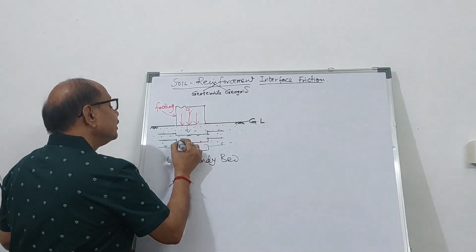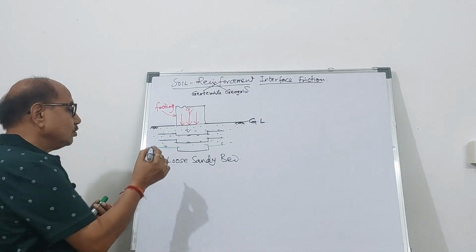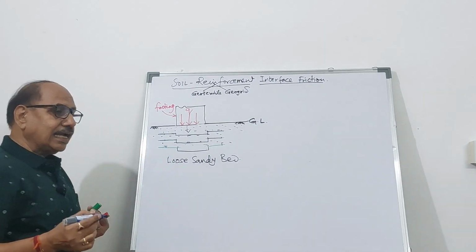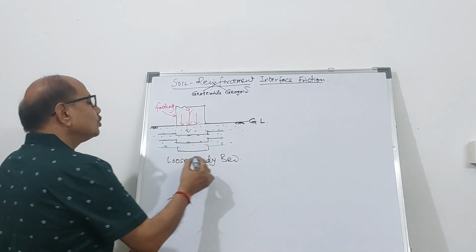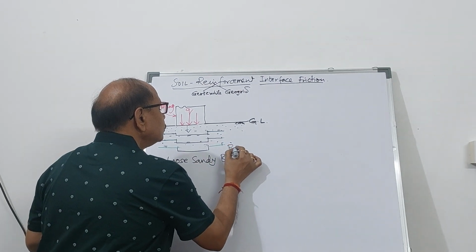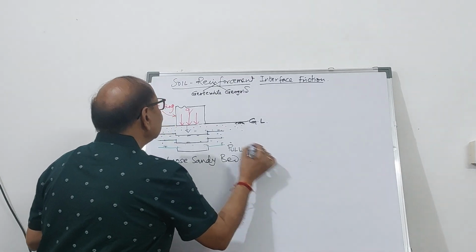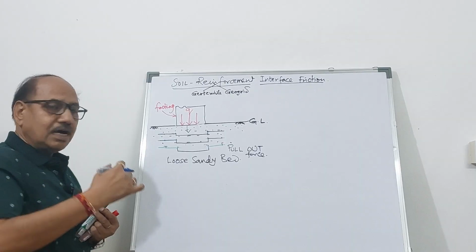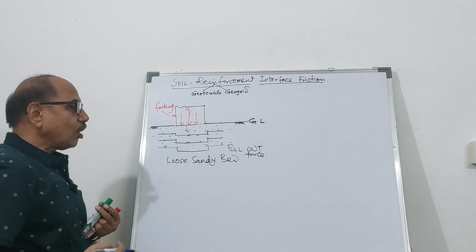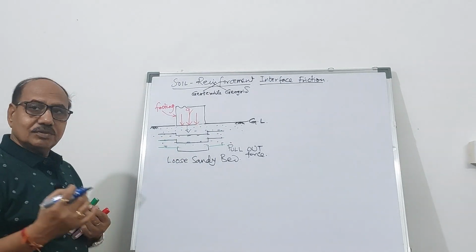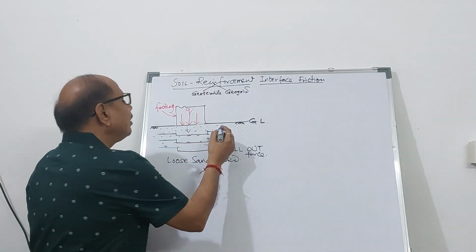So under the given intensity of the loading it is going to move like this. As a result, what will happen? It is going to be the loose sandy ground, the pull-out force will come into picture because you are pressing it down in the loose sandy bed. So the mechanism is, a pull-out force will get developed.